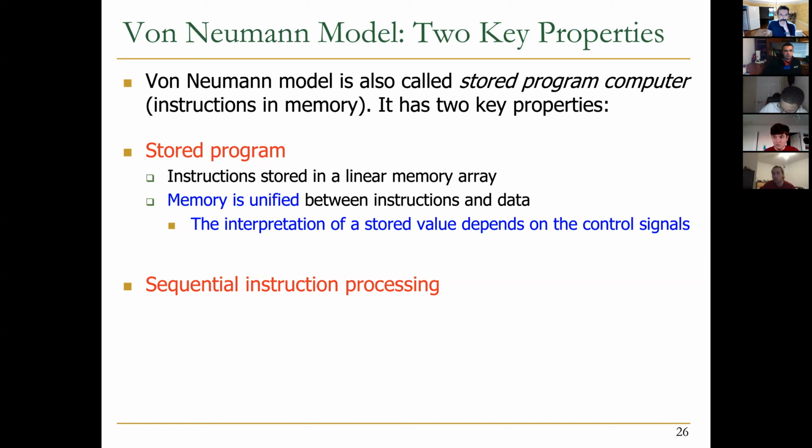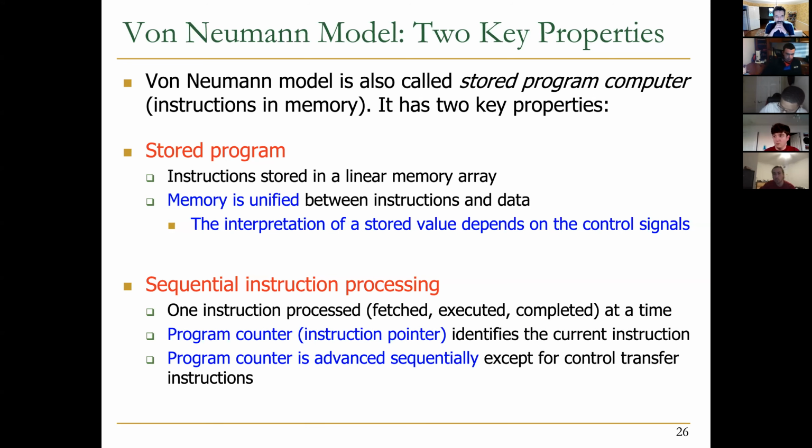So you have a stored program and you have sequential instruction processing where you can fetch, execute, and complete an instruction based on the particular location of the instruction, right? The program counter identifies the current instruction and advances sequentially from one instruction to the next.